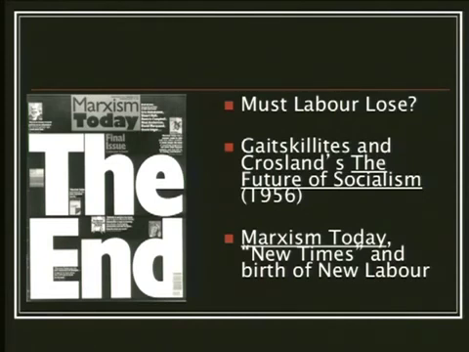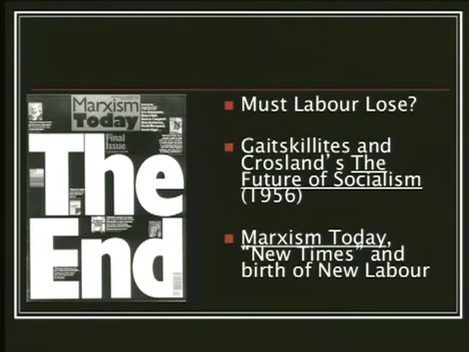So in these conditions, what happens is you try and have a repackaging of the Labour Party, an attempt to rethink its position and its relationship to the electorate and to the working class particularly. So part of that began in the 1950s in the heat of these debates, and it happened with the figures around Hugh Gaitskell, who had become the leader of the Labour Party, beating Aneurin Bevan in the early 50s.